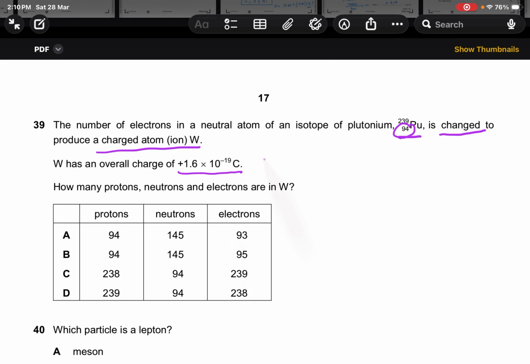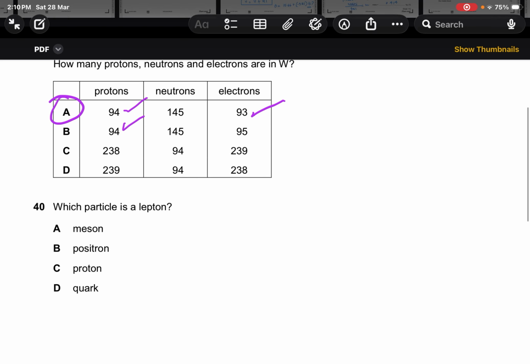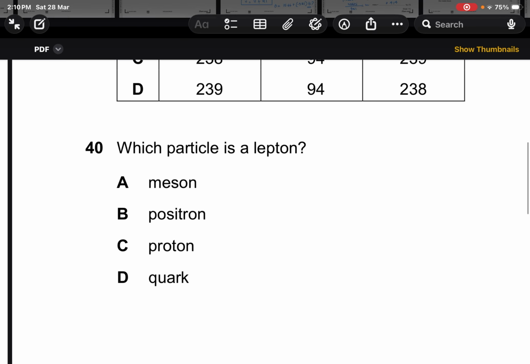That means I lost an electron because this is the charge of one electron, but it's positive. That means an electron is lost. How many protons, neutrons, and electrons are in W? Protons never change. Electrons are going to be one less, and I don't know about the neutrons, so option A बन गयी. समझ आई?